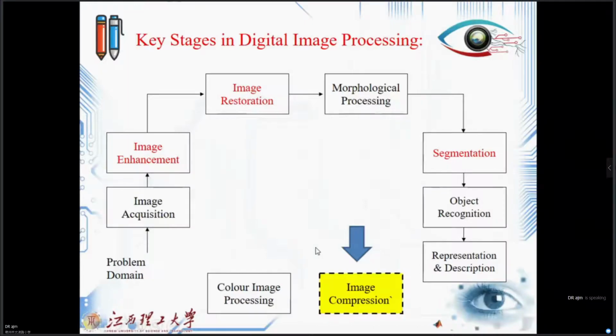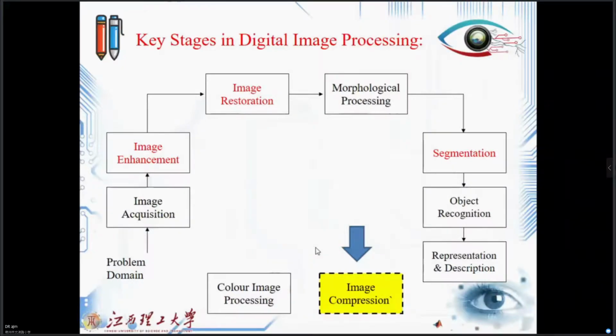Maybe the color image processing is more than even the object recognition part. Then I think that at that time, all this cycle will be covered, and then we have proper knowledge about this part.